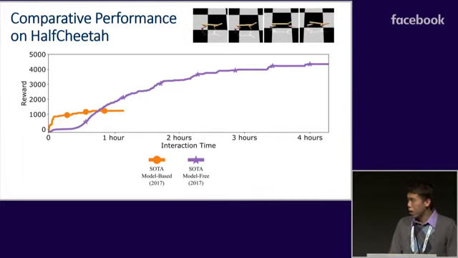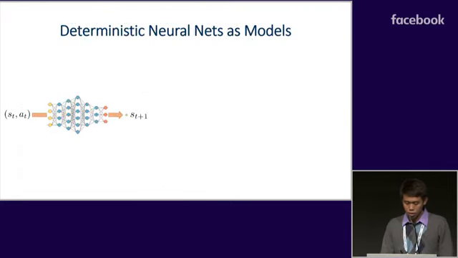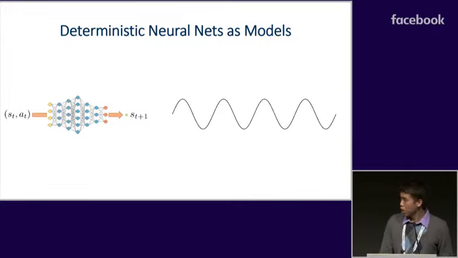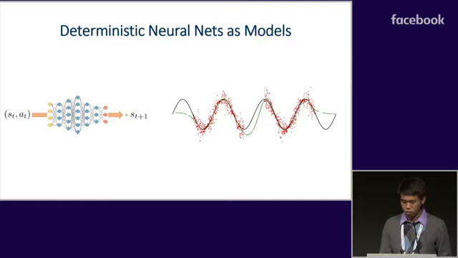Let's look at what prior methods have done. So in prior methods, we have a neural network which takes in the current state and action and gives a point prediction of the next state. And so to illustrate the issue, let's consider a toy function and assume that we have samples as well as a neural network that approximates using these samples.